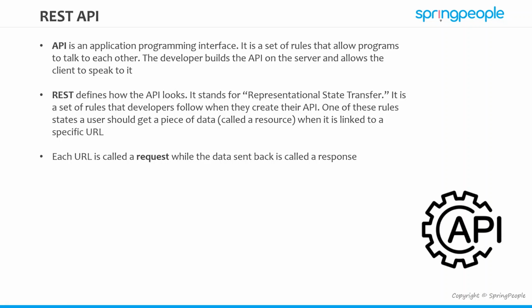These rules define the structure of the API, and developers create the API by following them. Each URL is called a request, while the data sent back is called the response. We discussed that in the previous slides about HTTP request and HTTP response.